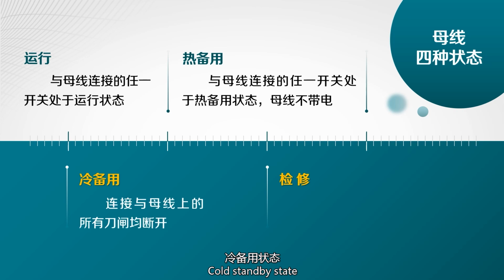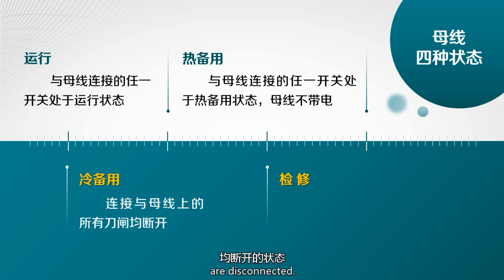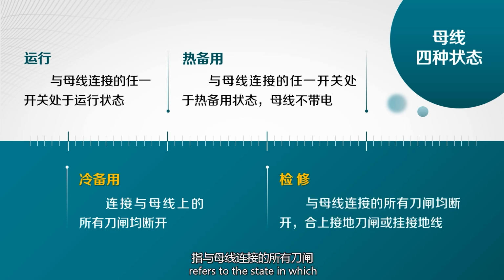Cold standby state refers to the state in which all knife switches connected to the bus bar are disconnected. Maintenance state refers to the state in which all knife switches connected to the bus bar are disconnected, the grounding knife switch is closed, or the grounding wire is hung.